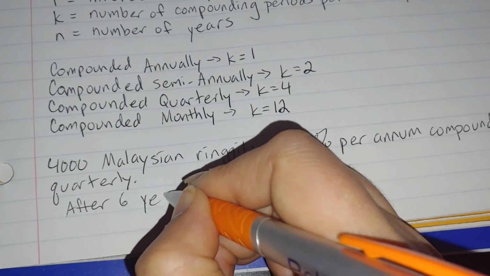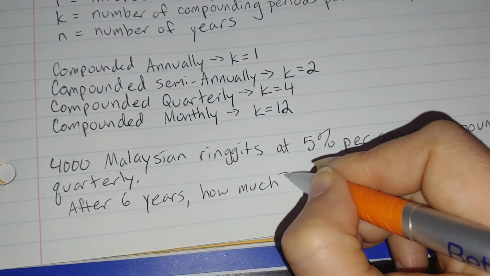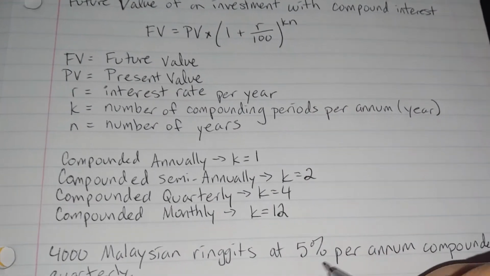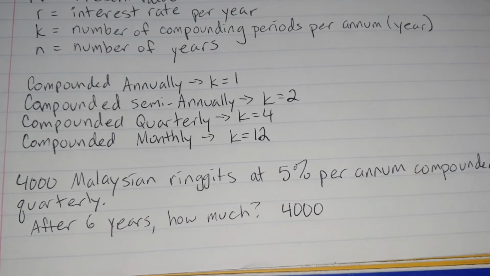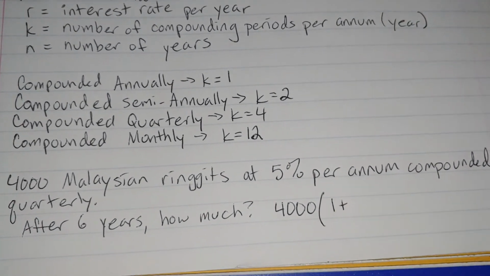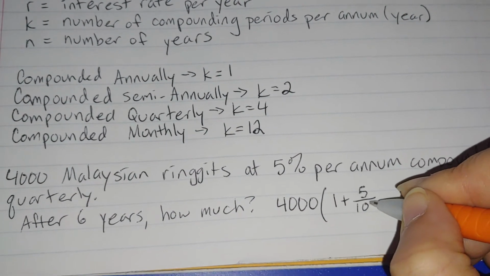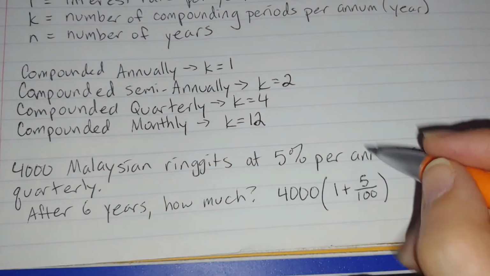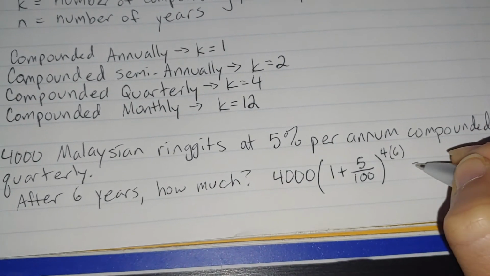After 6 years, how much do we have? All right. Well, let's see. My present value is that 4,000 that was initially put into the bank. 1 plus my rate is 5 over 100 to the k. Well, it's quarterly, so that's 4, and after 6 years.